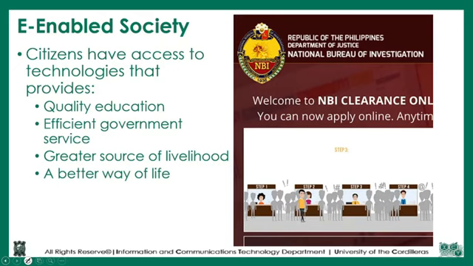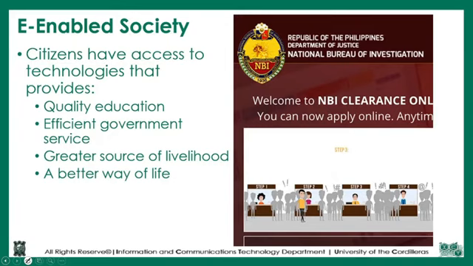An example can be seen on the right hand side. As it says here, this is for the NBI clearance. This is the website that you can go to if you would like to apply for an NBI clearance, which is a document that you would need when you are applying for a job, or if you are applying for, let's say, other legal or government documents.